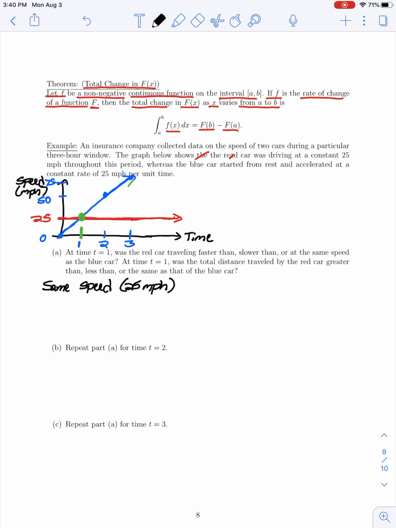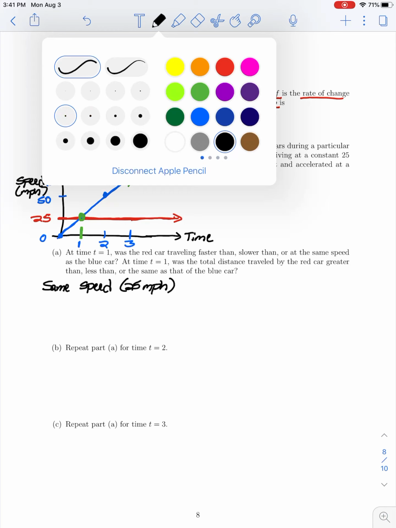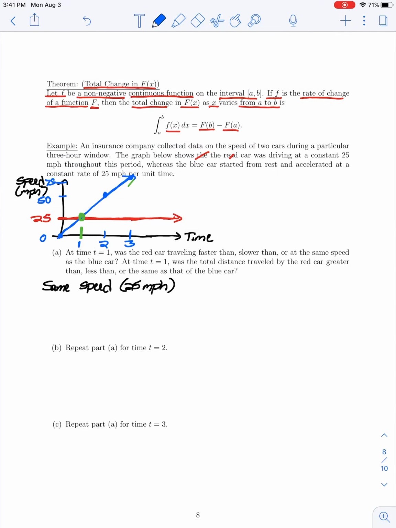So in order to determine the total distance traveled, we can recall that the derivative of the distance function, or position function, would represent speed. So to get the total change, referring back to our theorem, the total change in a function, or the total distance traveled, we would need the function f, which represents the rate of change of that function.